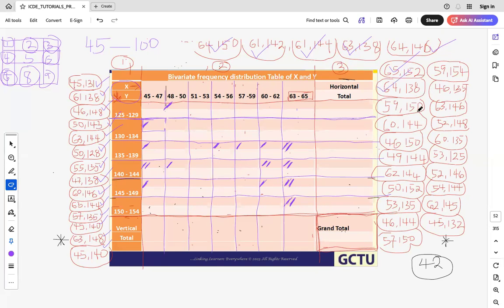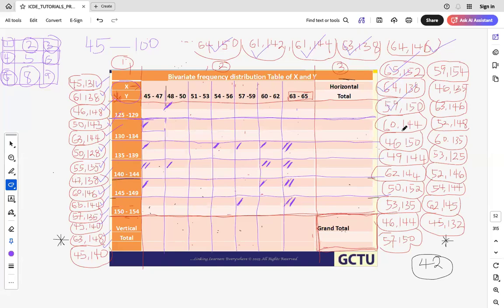59, 150. 59 is in this column. So we keep going down looking for 150 and then we land in this cell. So this becomes our first tally in this cell. That is also done.